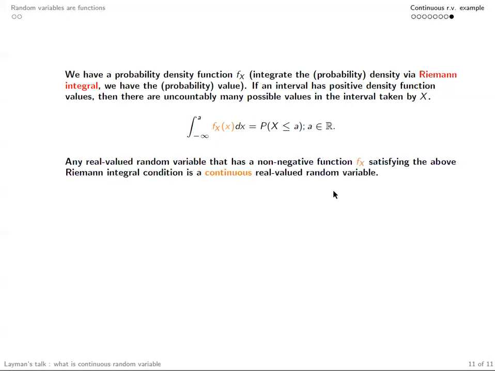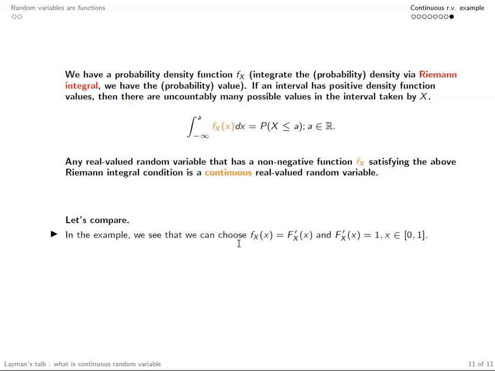Okay, for any real valued random variable, if there exists a non-negative function f_X satisfying this above Riemann integral condition, then this real valued random variable is a continuous real valued random variable.